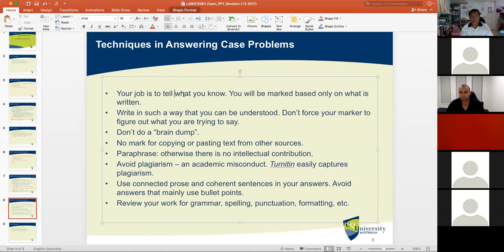Now, write in such a way that you can be understood. Don't force me to figure out what you're saying. Honestly, we had a law discipline meeting today, and I flagged my concern that there were several instances of case notes being written where what was written was simply incomprehensible.